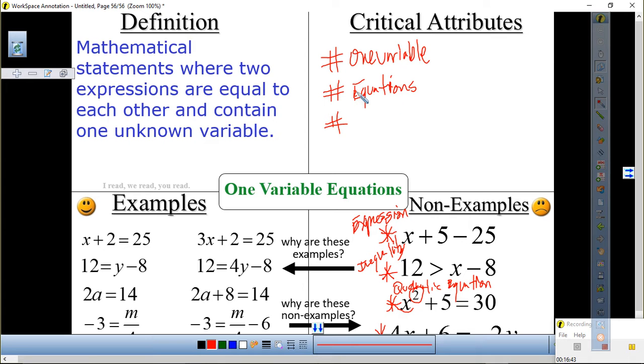All right. So far, so good. We need something very important at the end. Okay, we got one variable, which they do have. We got equations, which they do have equal signs. What is the third thing that we covered over here on the non-examples that needs to be in here?